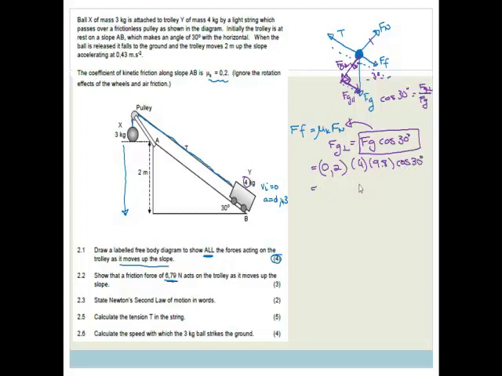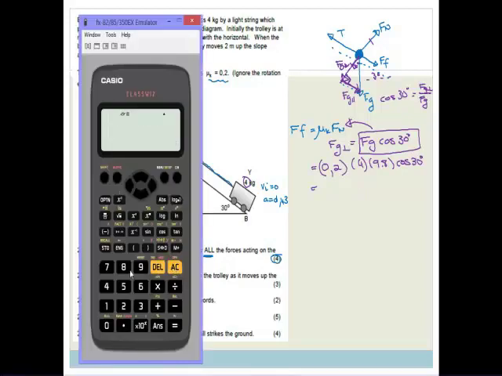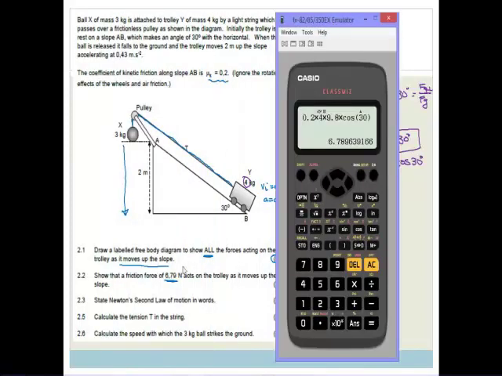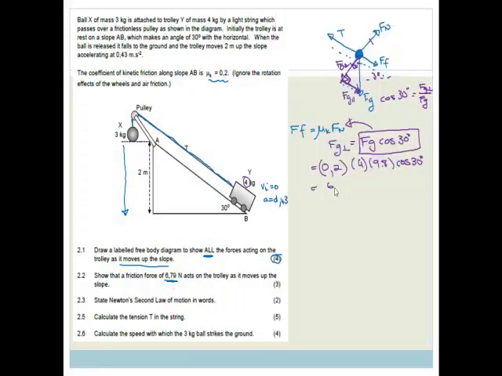So we're going to pop this in our calculator, and we go 0.2 times 4 times 9.8 times cos of 30 close bracket equals 6.7896. And they've asked us to prove that it's 6.79, and if you round off to 2 decimal places, you get 6.79. So yay, that's 6.79 newtons, and we have our little 3 marks there.